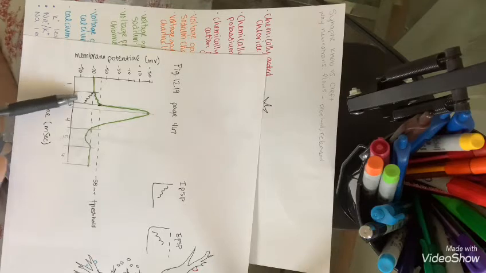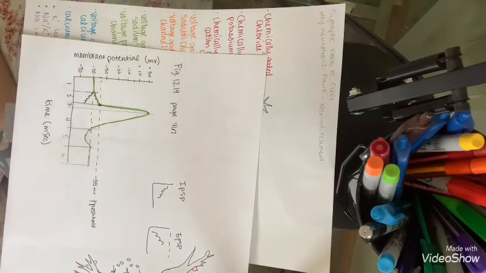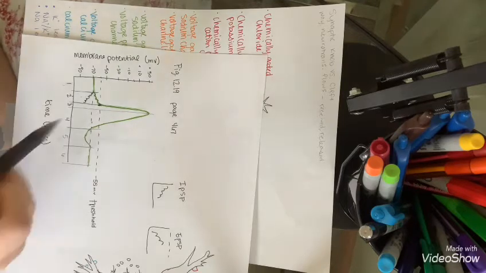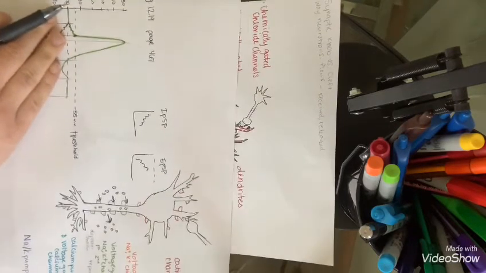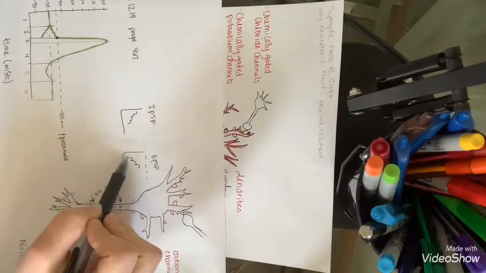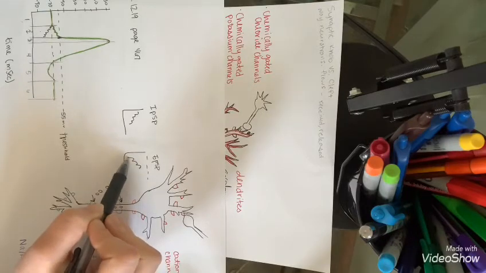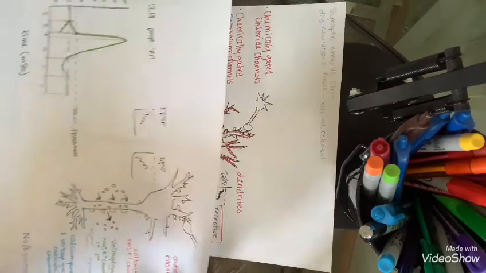This is where summation is going on, where we're getting those inhibitory postsynaptic potentials and the excitatory postsynaptic potentials. When those voltage-gated sodium channels are opening, for our excitatory postsynaptic potentials, we can see that brings membrane potential closer to threshold a little bit, to be a little more positive.